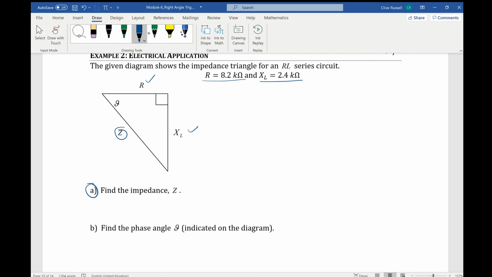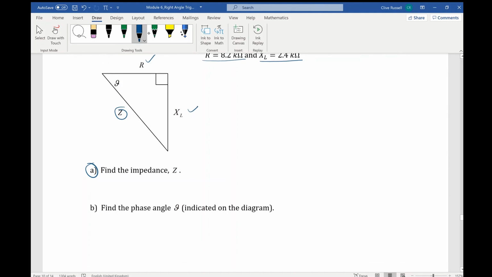So to find Z, which is the hypotenuse, we just say that Z squared is R squared plus XL squared. Therefore, Z is just equal to the square root of R squared plus XL squared.